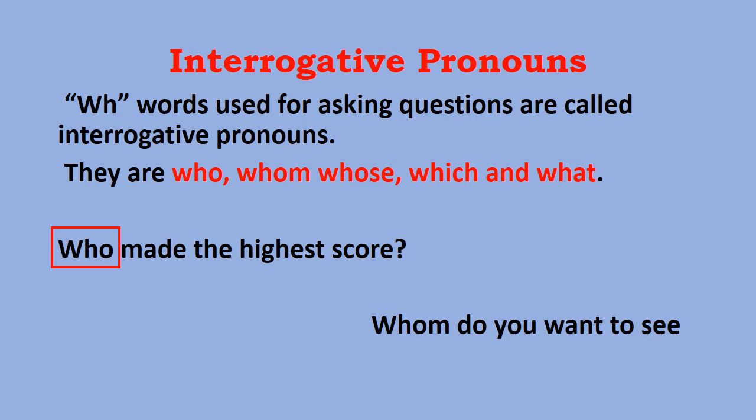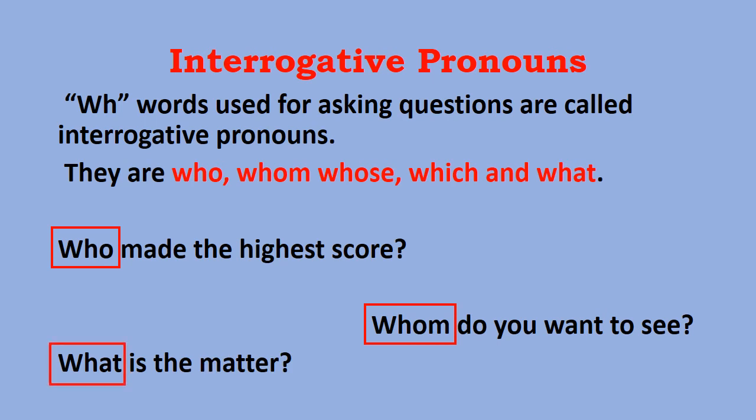Whom do you want to see? In this sentence, "whom" is doing the work of an interrogative pronoun. What is the matter? "What" is an interrogative pronoun here. With this, we have completed all the types of pronouns.